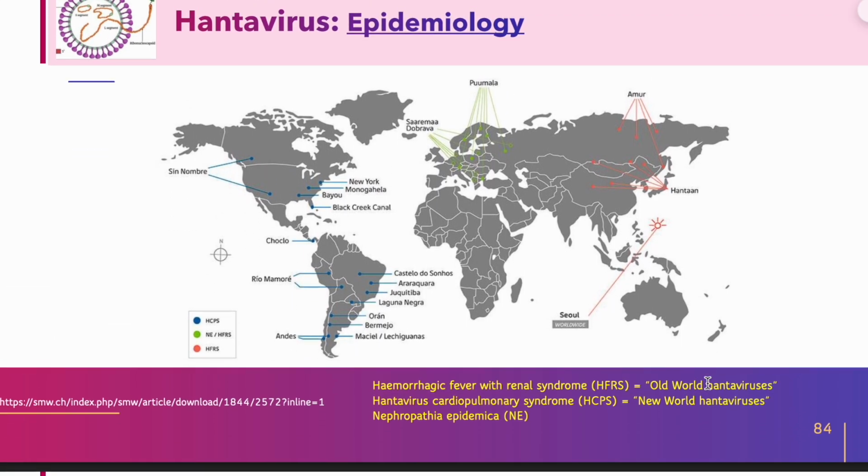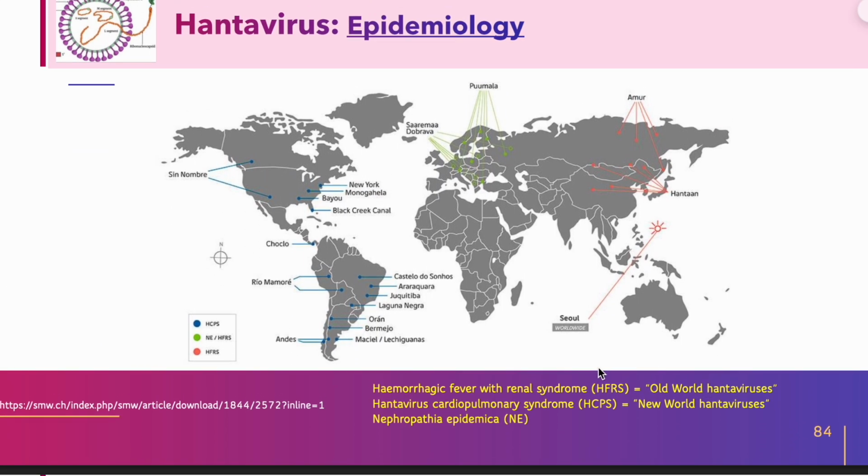For the epidemiology, we have Old World hantavirus. It means the old, developed countries, like European countries, count as Old World hantavirus, or hemorrhagic fever with renal syndrome, which is not so severe.